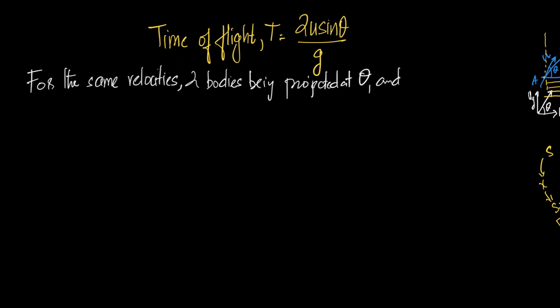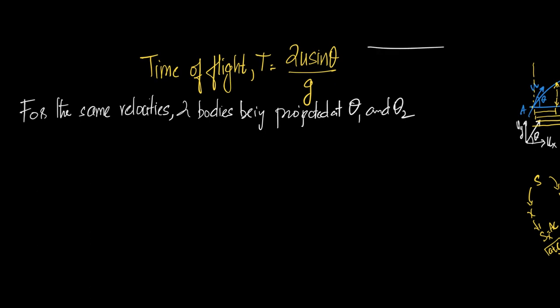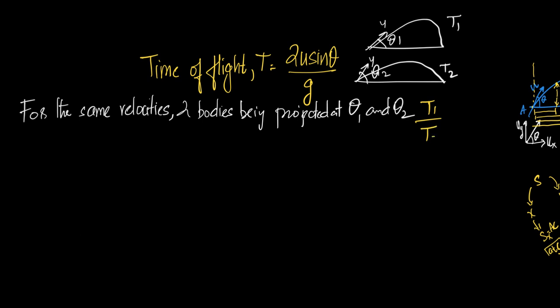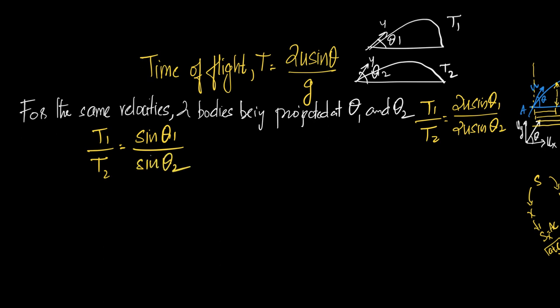Theta 1 and theta 2, means if we have an object projected at u at angle theta 1, another object projected at same velocity but a different angle theta 2, if this is time of flight t1 and this is time of flight t2, then t1 by t2 would be equal to 2u sine theta 1 by 2u sine theta 2, or in short, t1 by t2 will be equal to sine theta 1 by sine theta 2.